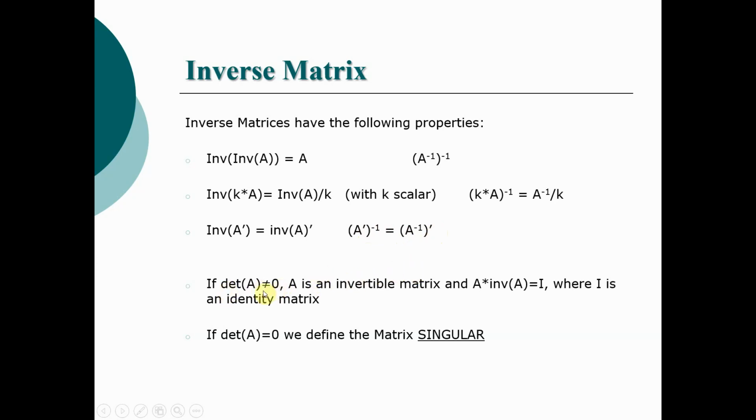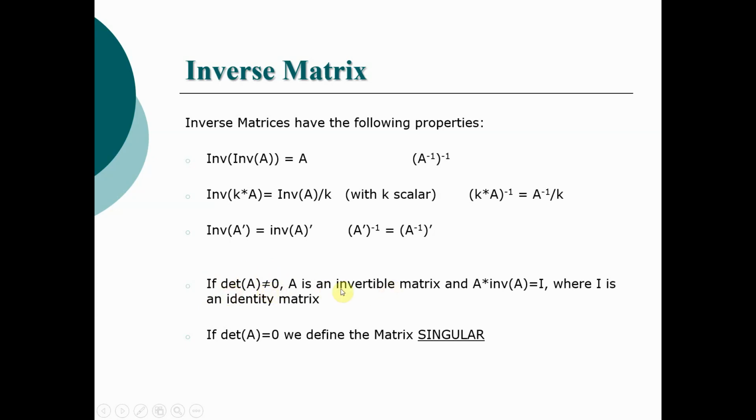If the determinant of A is not equal to 0, A is invertible, and we know that A multiplied by the inverse of A is going to be equal to the identity matrix. So this is a very important statement here. If the determinant of A is not equal to 0, A is invertible.